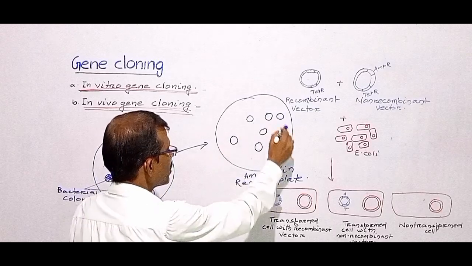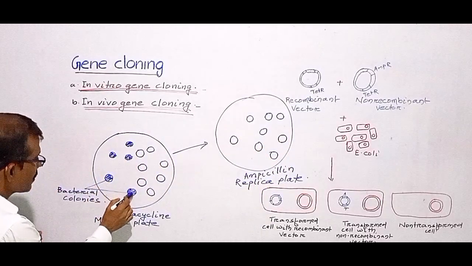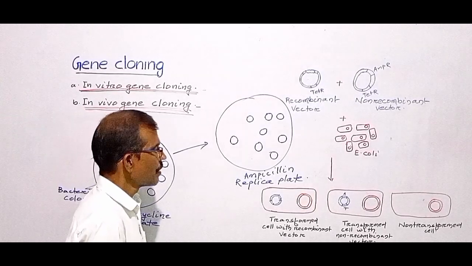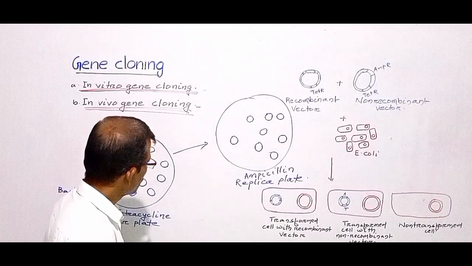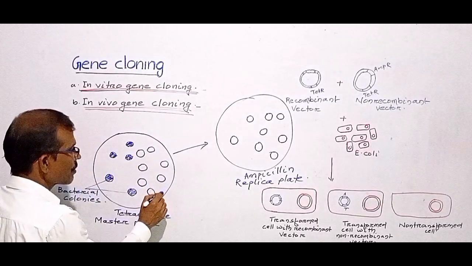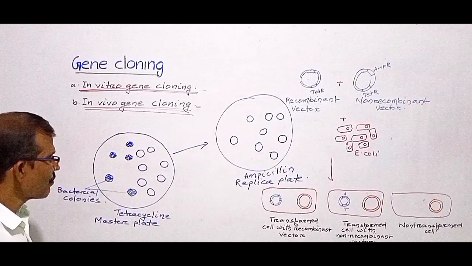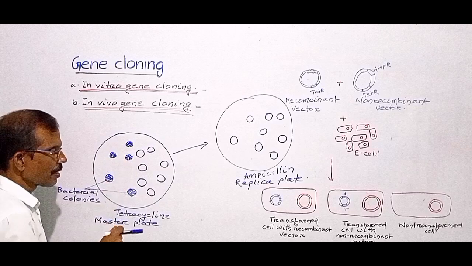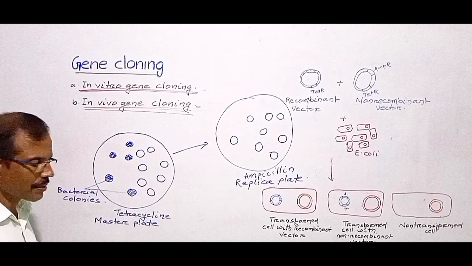Because the nutrient medium contains ampicillin, the bacterial cells that contain the recombinant vector get killed, so they fail to form colonies. By comparing this master plate with the replica plate, we can easily identify which colonies contain the bacterial cells that are transformed with the recombinant vector.